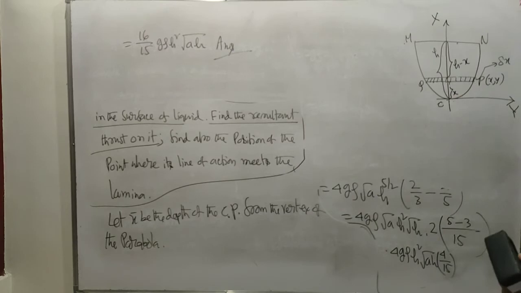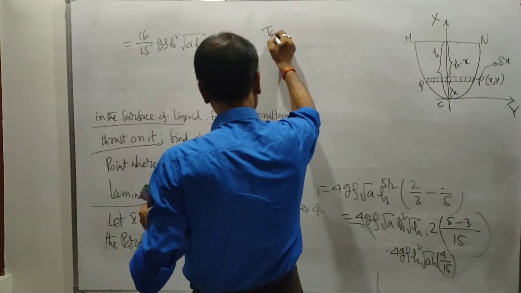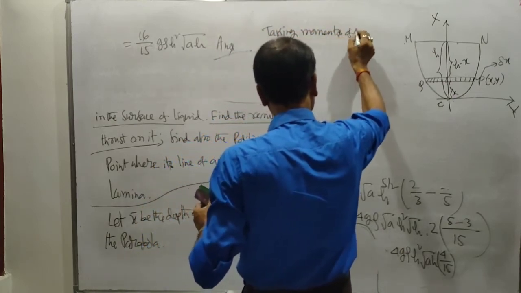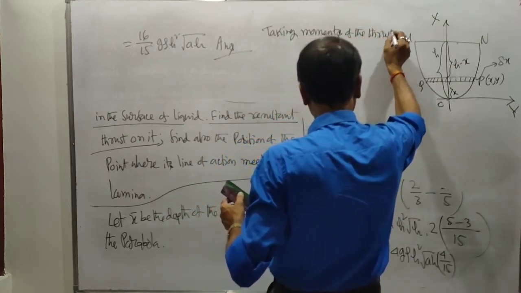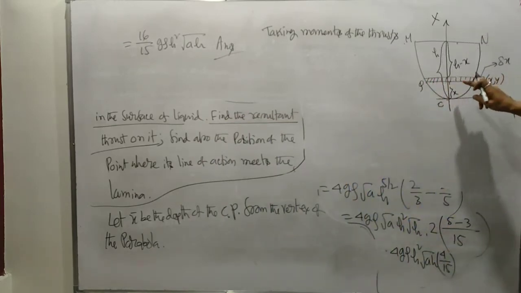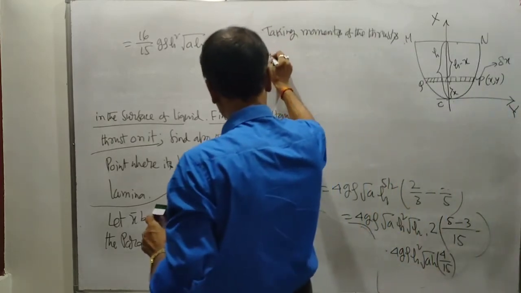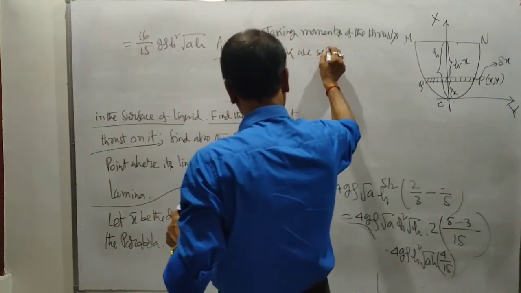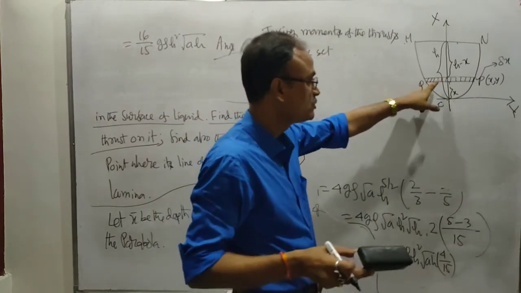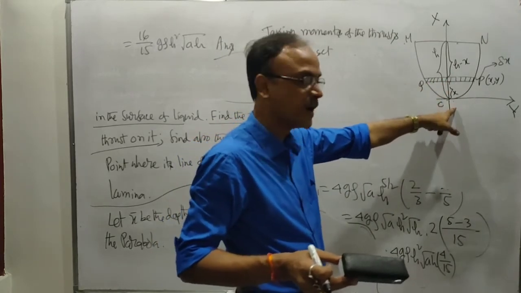Now, taking moments of the thrust about OY we get: moment of the elementary strip about OY.